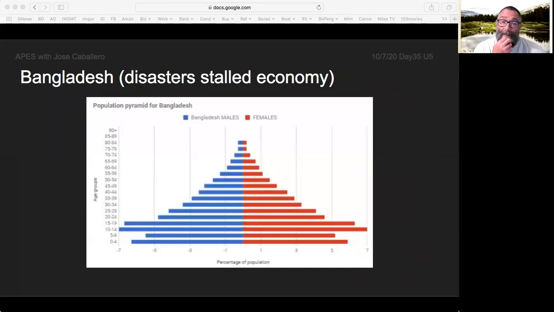This happened. Bangladesh was going through development, and then they had these huge hurricanes that crushed their economy. And so instead of everybody using this economy to build later development, they were planning infrastructure, they were planning universities and medical schools.